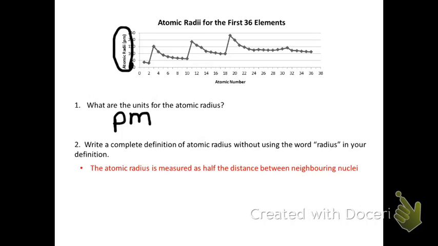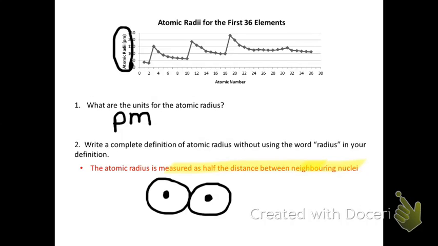So they're very tiny. Alright, a good definition of atomic radii is the measure of half the distance between neighboring nuclei. Very good definition. Let's say that we have one atom and it has a nucleus in it, and then we have another atom that's bonded to the other atom.